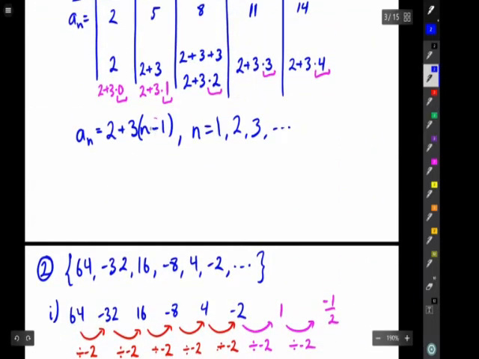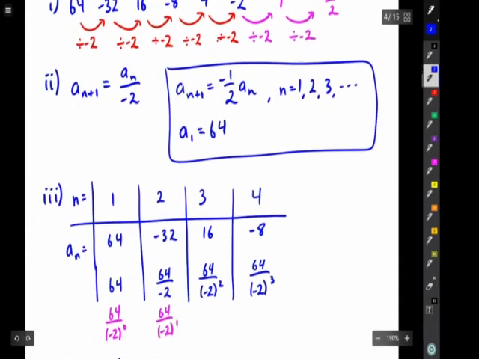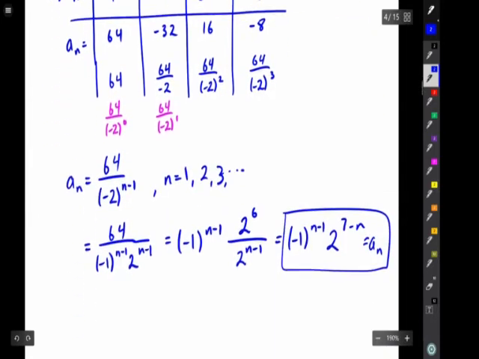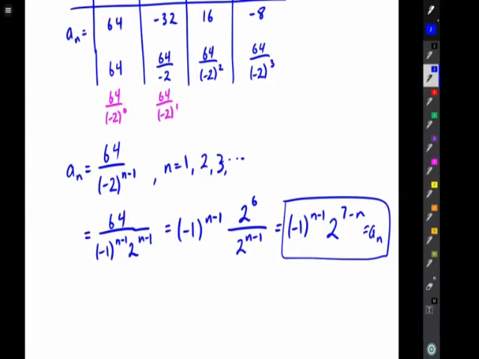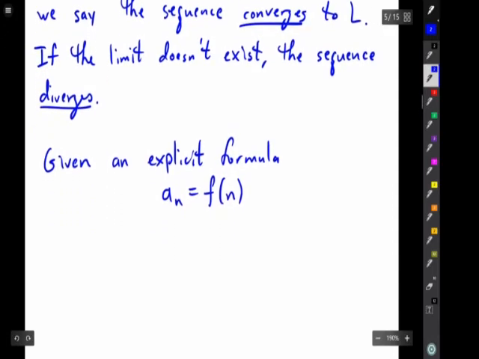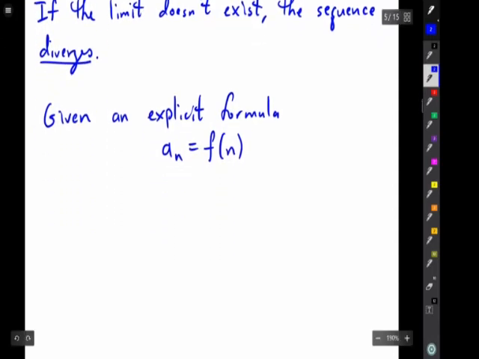We're saying, here's some function of n, here's some function of n. That's all we're really doing. So given an explicit formula, the limit of a sequence, which we would write as the limit as n goes to infinity of a_n, is just the limit as n goes to infinity of f(n).